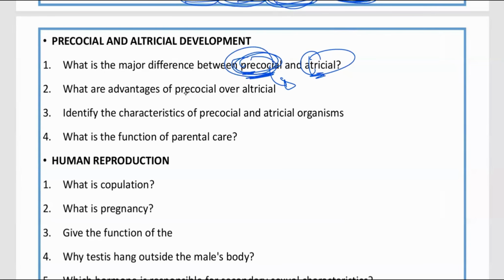Precocial means that it is born when it is aware of the environment, is cautious, is born when it is prepared for the environment. While altricial is born when it doesn't know. Meaning that if the mother is not there, altricial might not be able to develop, while precocial would develop because it's able to look for food.